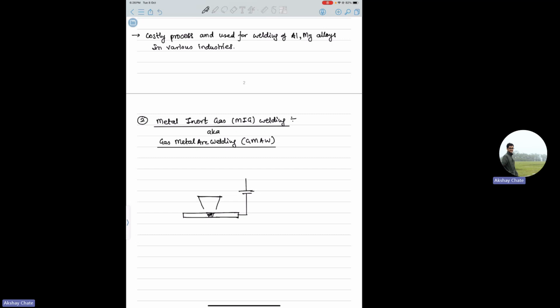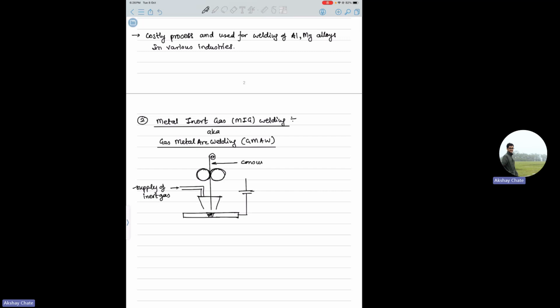Okay, so again you'll have a supply of inert gas, because it is also inert gas welding, right? So the inert gas shield has to be there around the weld pool. But here the difference is you'll not have a tungsten electrode, you'll have a consumable metal electrode. Okay, so there will be some spool like this. So this is the difference.